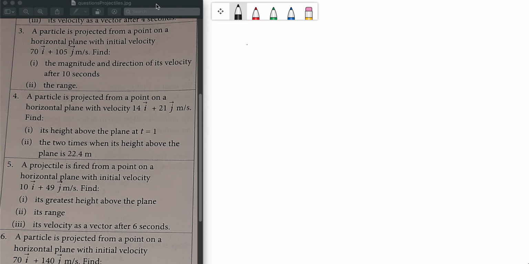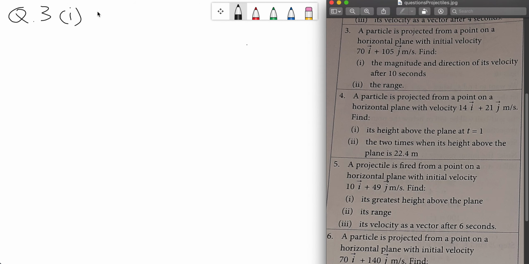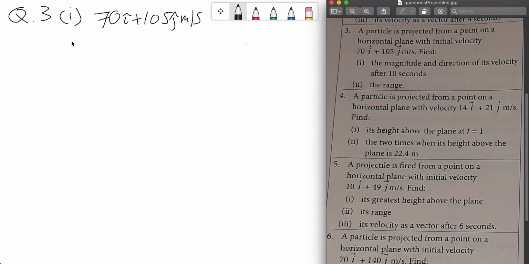We want to find the magnitude and direction of its velocity after 10 seconds.